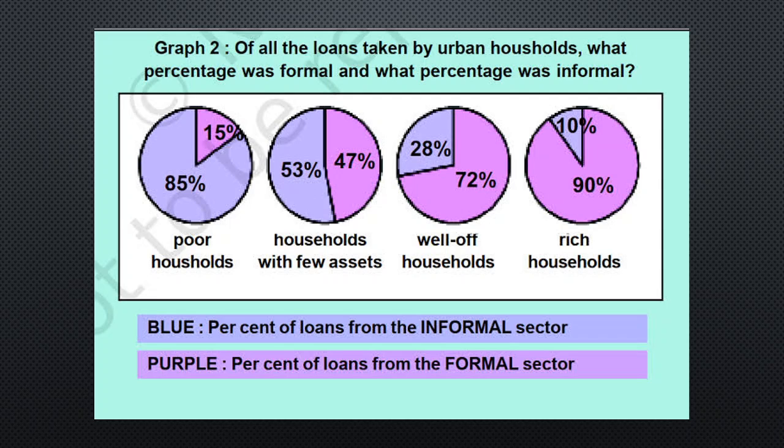So these loans carry a high rate of interest, and the poor people have to pay a high rate of interest along with the principal amount of the loan. On the other hand, rich households get cheap credit.